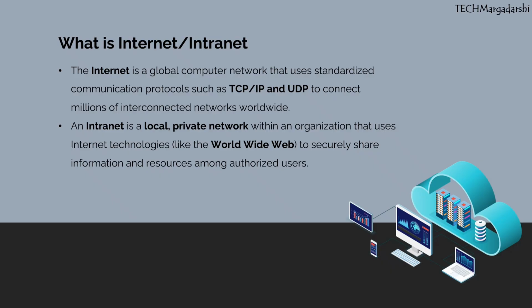Whenever you open Google, YouTube, or AWS console, you are using the Internet. Intranet. An intranet is a private network inside an organization. It uses the same web technologies but is restricted, secure, accessible only to internal users. Cloud services mainly use the internet, but enterprises often connect their intranet with cloud securely.